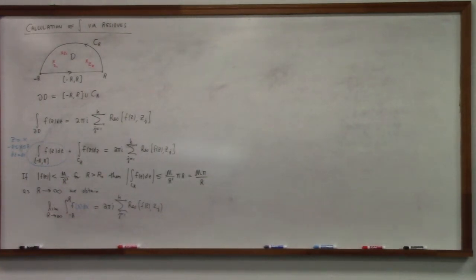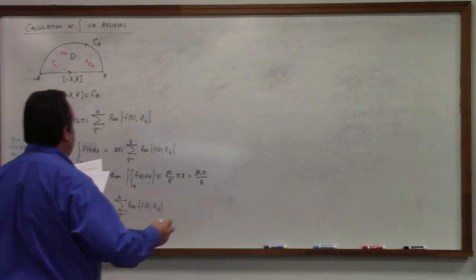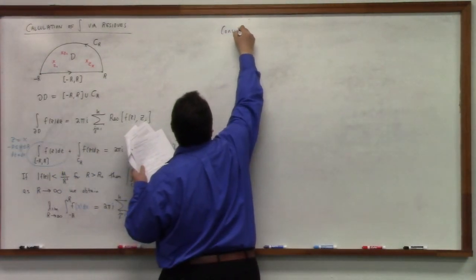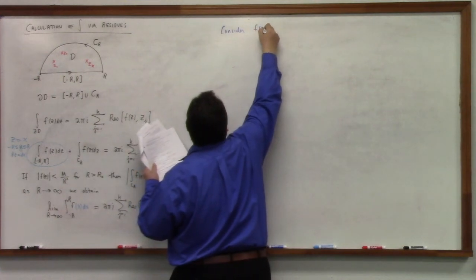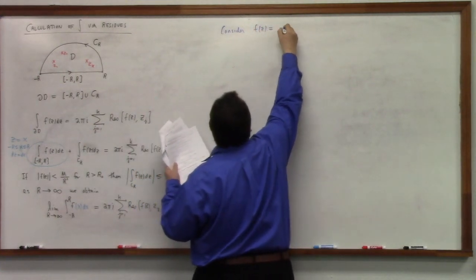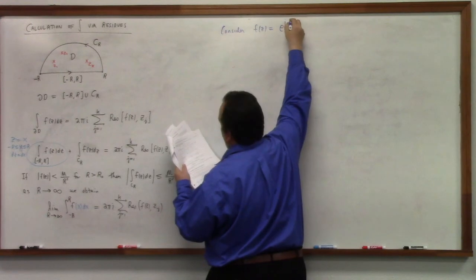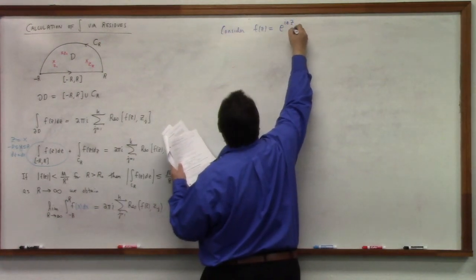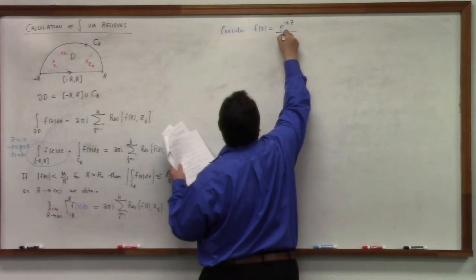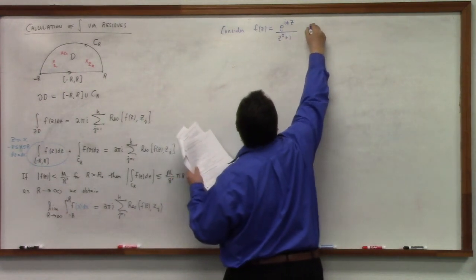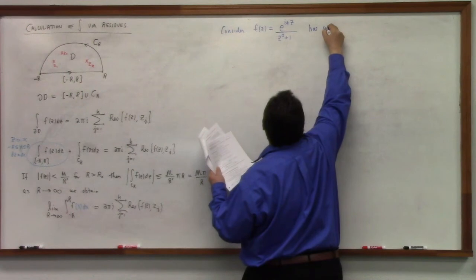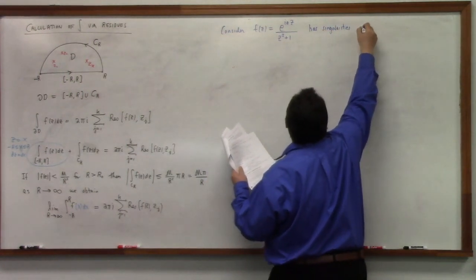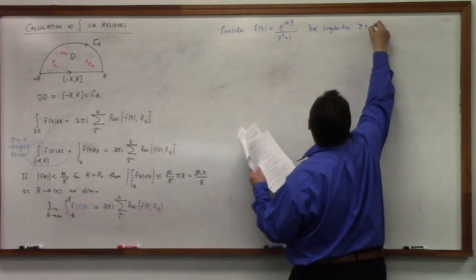So it's essentially the same picture again here, but this time we're going to consider f of z equal to e to the i a z over z squared plus 1. Right, so it has singularities where? i, yeah, plus or minus i, right?